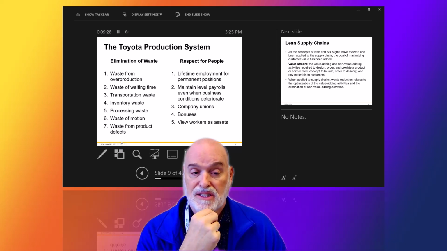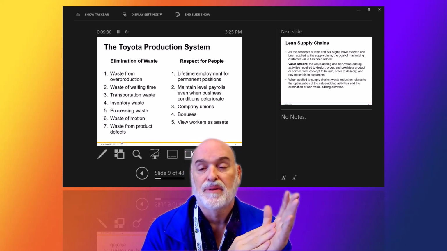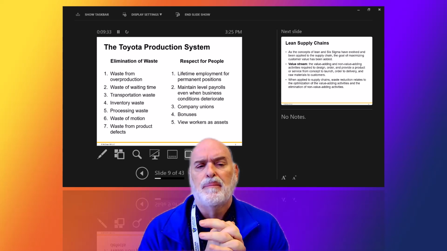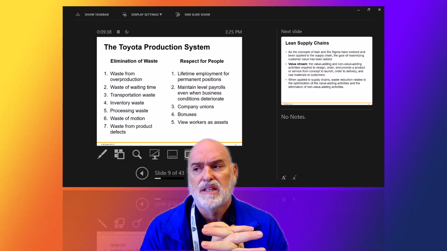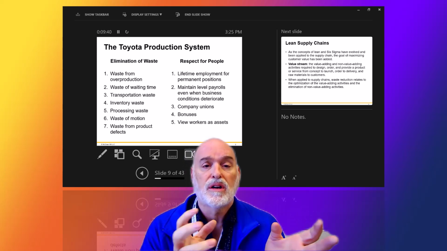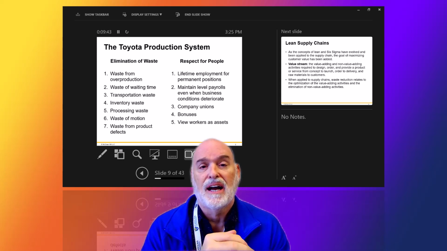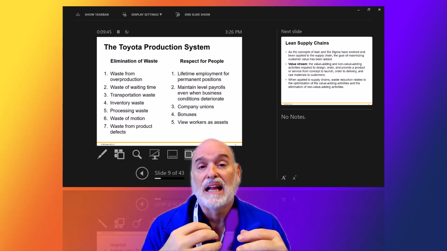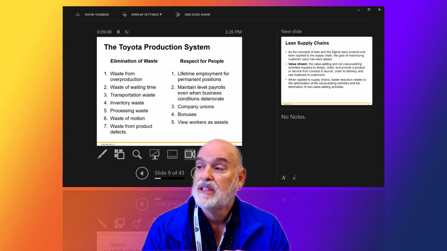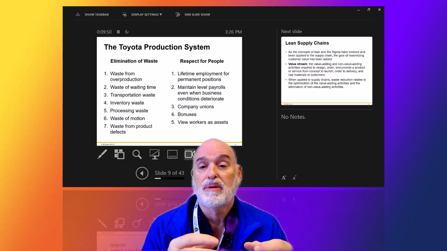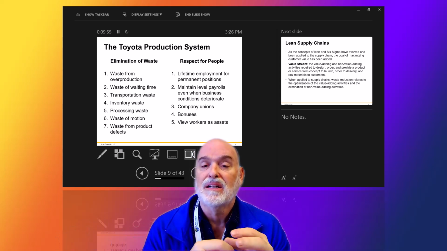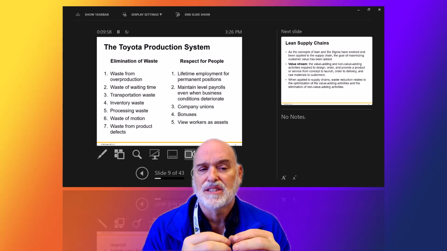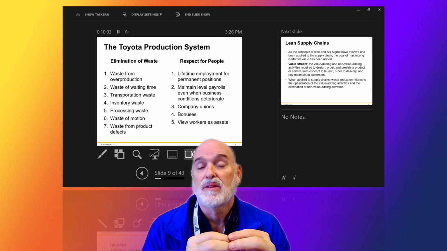The Toyota production system. Many years ago in the 1970s, the Japanese were killing the American automobile industry because back in the day, Ford was referred to as found on road dead. The quality of American automobiles was not that good. The Japanese developed a better production system. They actually utilized the teaching of Dr. Deming for lean production, and their cars were of much better quality, and they were outselling the American cars.